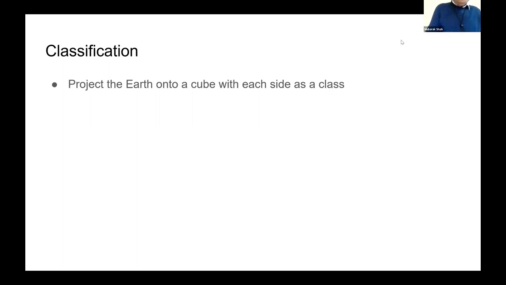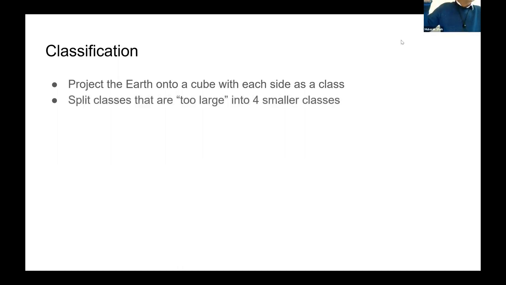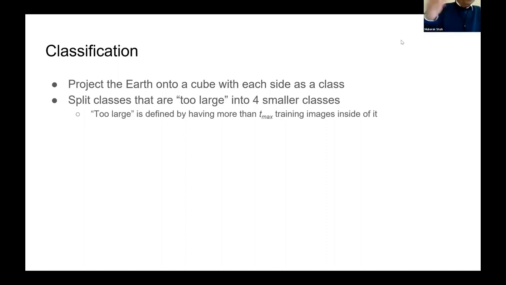Now the classification-based method is a little different. What we do is take the whole Earth and project it onto a cube, and each side of the cube becomes a class. That's more similar to ImageNet classification, because there's a lot of work on that. We take that, divide it into 4 smaller classes, and then we can have some threshold.